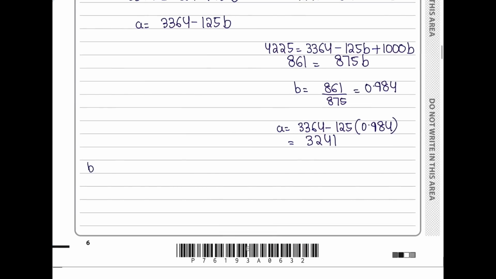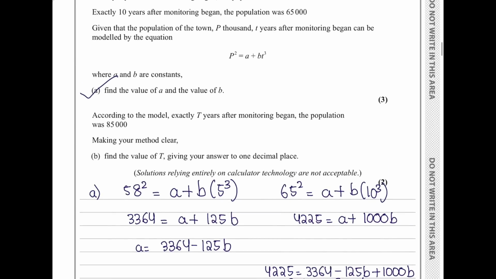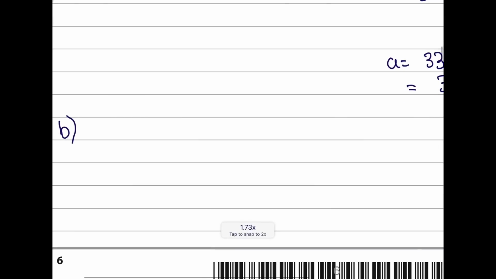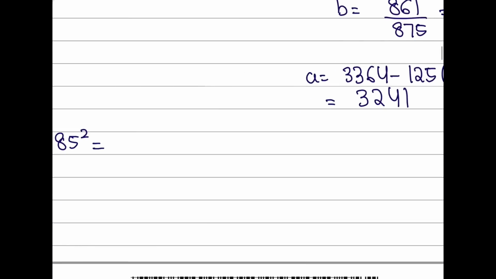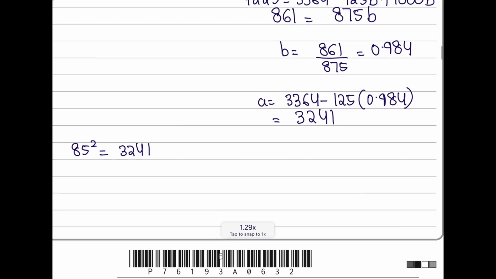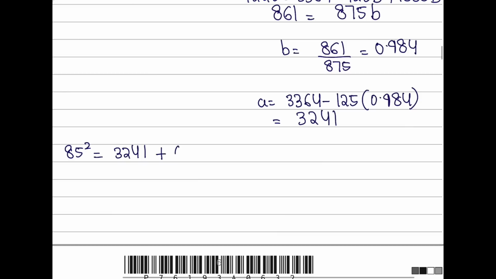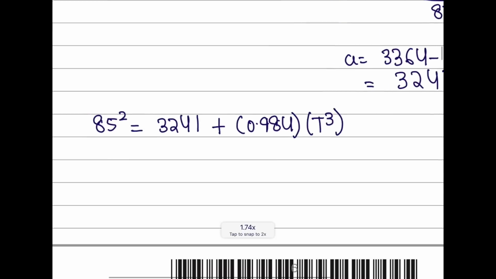Now remember the formula was that p squared, so 85 squared is the same as a plus b t cubed. I know my value of a is 3241 plus the value of b, which is 0.984, into the value of t cubed, which we don't know.